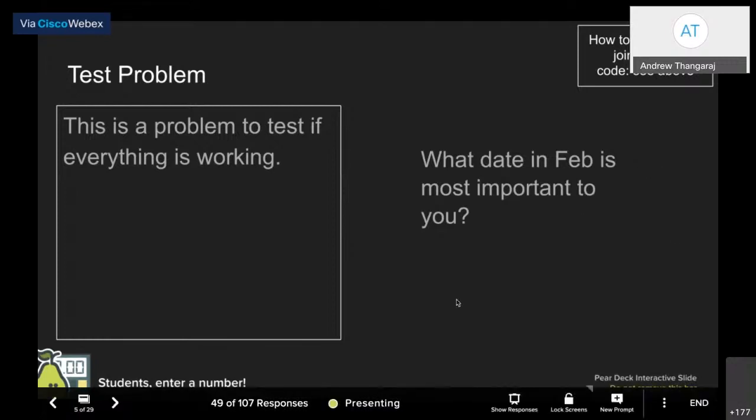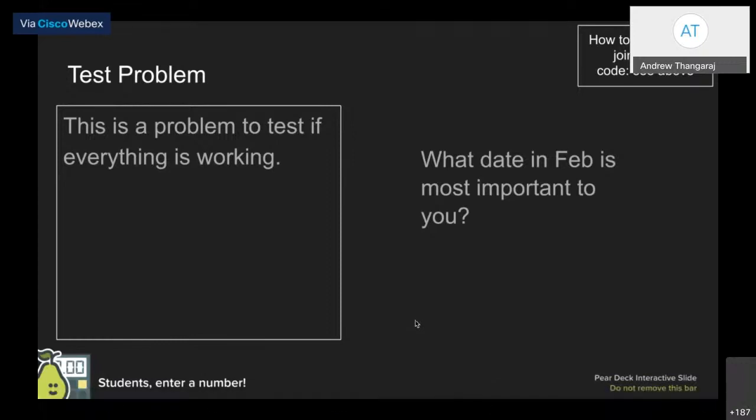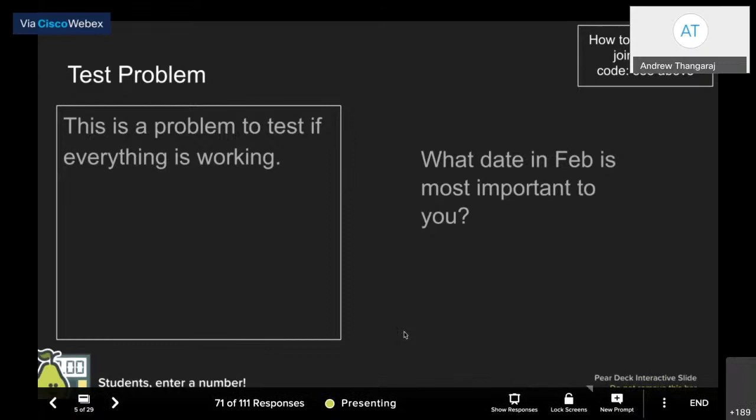It's just a simple question. It's not a question from the graded assignment, obviously. This is just to make sure that everybody who's participating can see the screen, understand how joinpd.com works, and respond. Okay, go ahead and put in your number. Let's see, according to this group of students, which is the most popular or most important date in February.